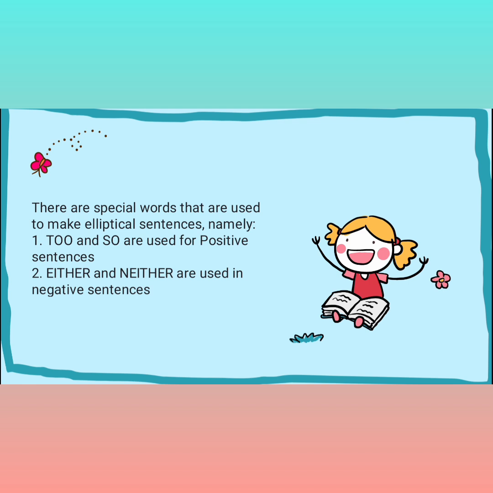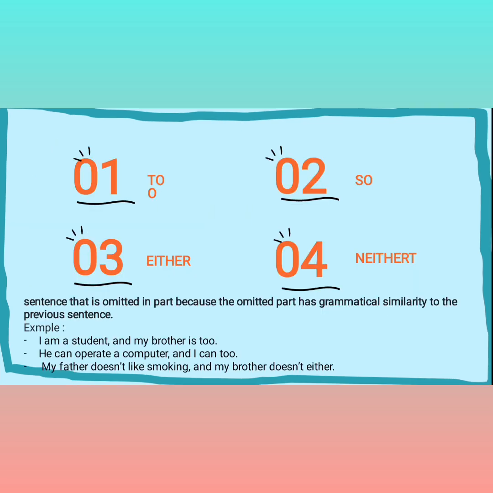There are special words that are used to make elliptical sentences, namely: 1. Too and so are used for positive sentences. 2. Either and neither are used in negative sentences. An elliptical sentence is a sentence in which part is omitted because the omitted part has grammatical similarity to the previous sentence.